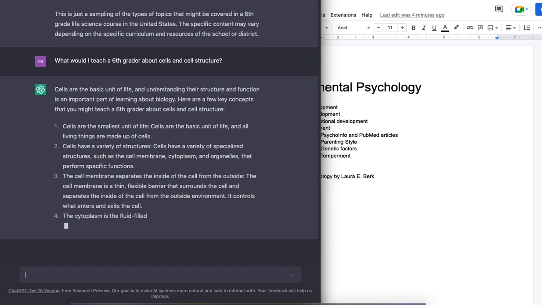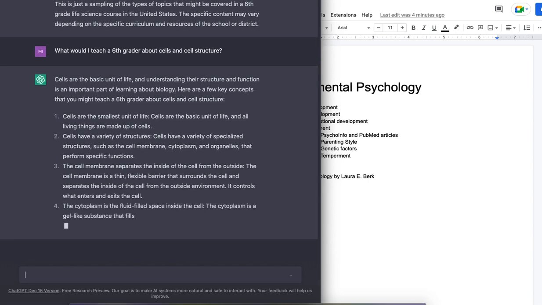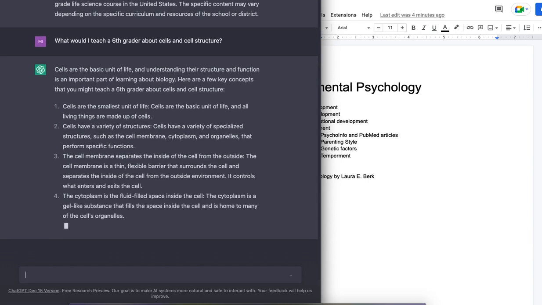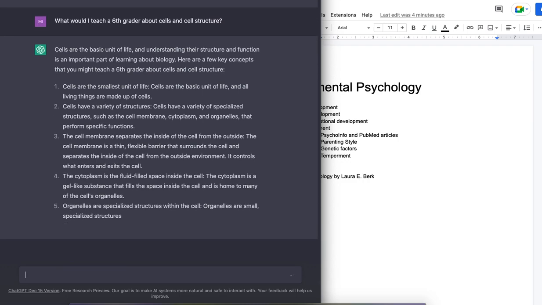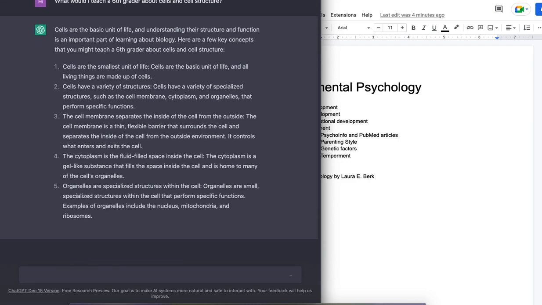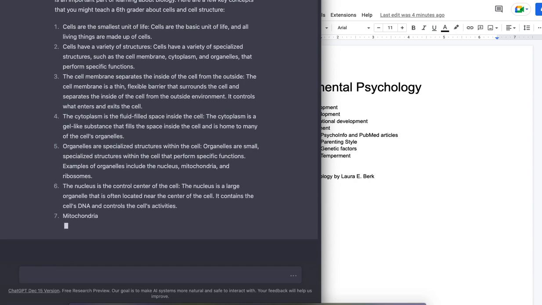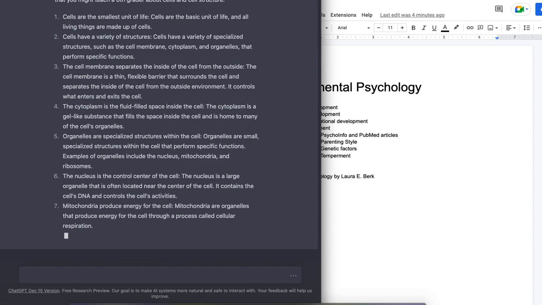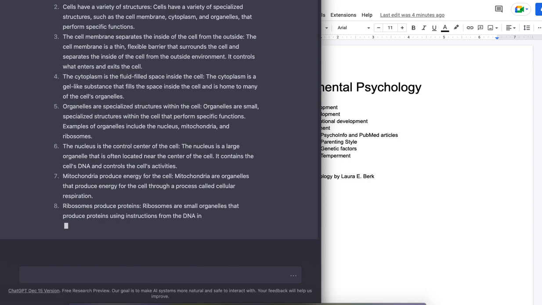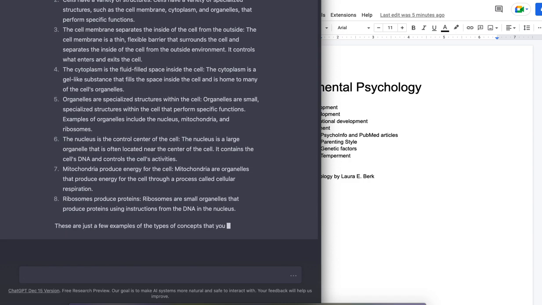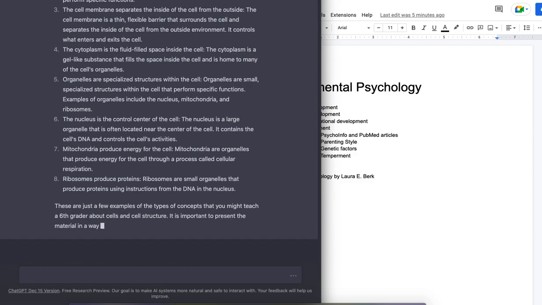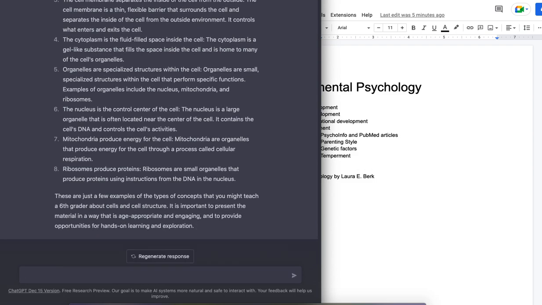You can teach about cell membranes, cytoplasm, organelles, and so on. The nucleus, mitochondria produce energy, ribosomes. These are just a few examples of the concepts you might teach the 6th grader about cells and cell structure, but try to present the material in a way that's age appropriate and engaging.